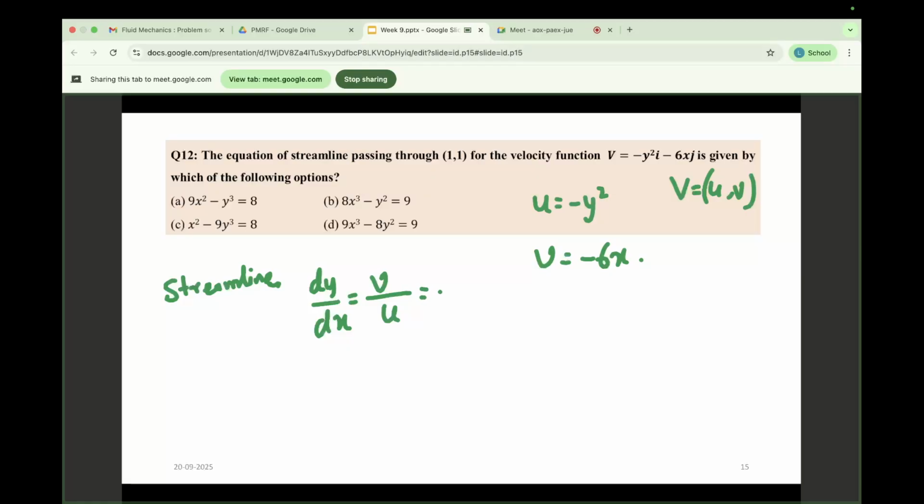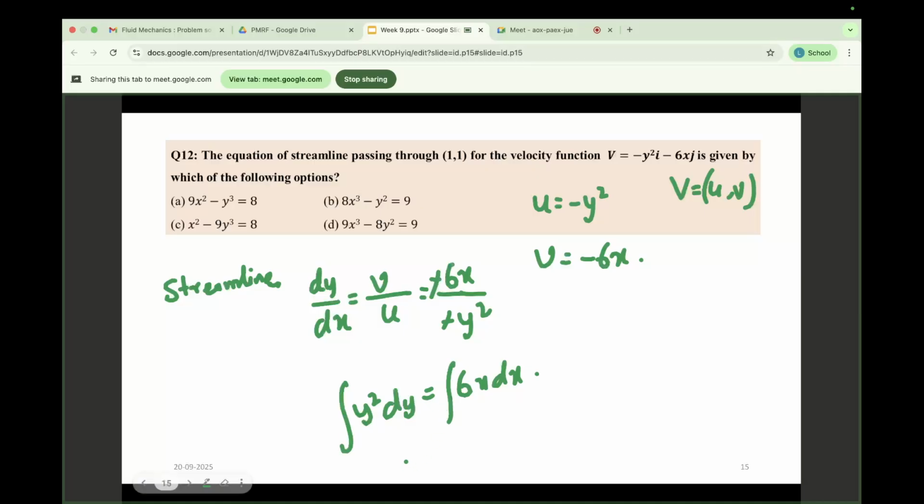So what is v here? v is minus 6x and u is minus y square. So this minus will be cancelled out, and if I take y square inside with dy, I can write y square dy equals 6x dx. Now if I integrate both sides, what will I get?